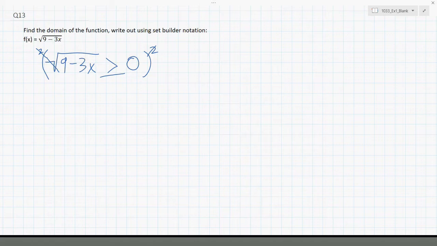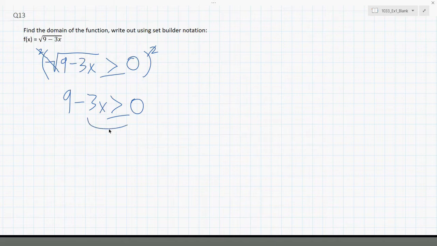So 9 minus 3x is greater than or equal to 0. And then we will move the 3x over. It's easier if we move the 3x in this scenario because it's negative.